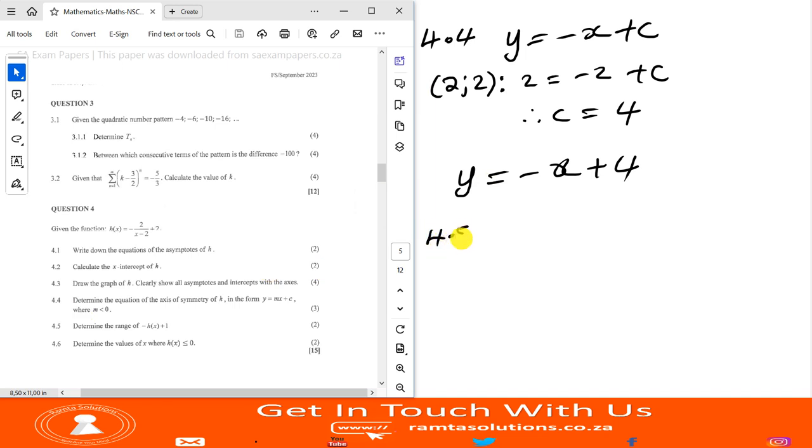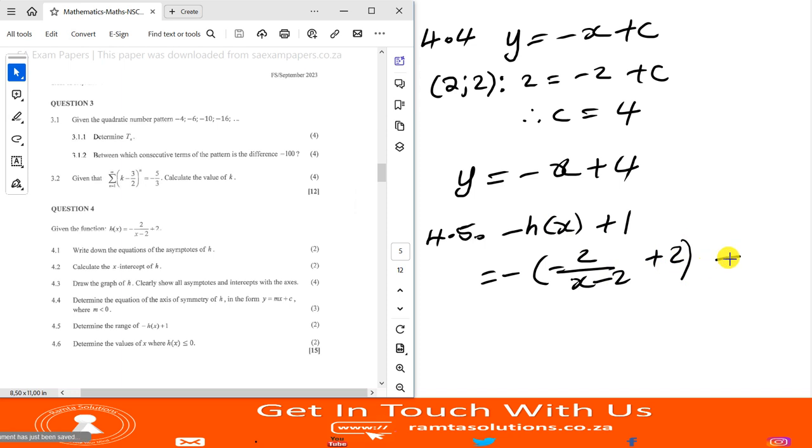So 4.5 says determine the range of negative h of x plus 1. So here it is, negative h, not h inverse, man. Negative h of x plus 1. What is h of x? We found that h of x was negative 2 over x minus 2, and then plus 2, close, plus 1.